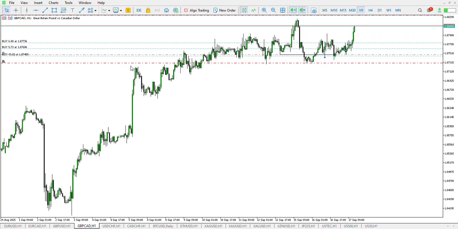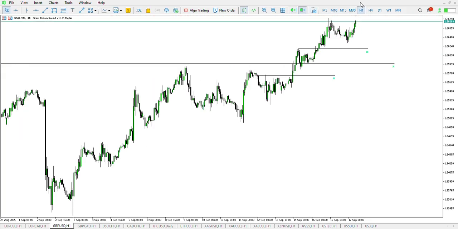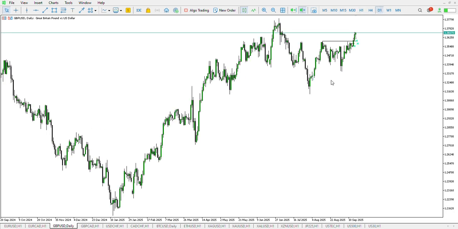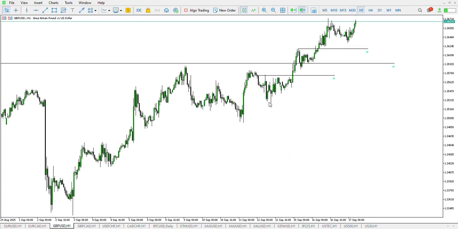This is GBP Canadian dollar, and the idea for this trade is that the GBP USD is one of the bullish currency pairs right now. This is the daily chart. This is the hourly chart. It's one of the bullish ones.